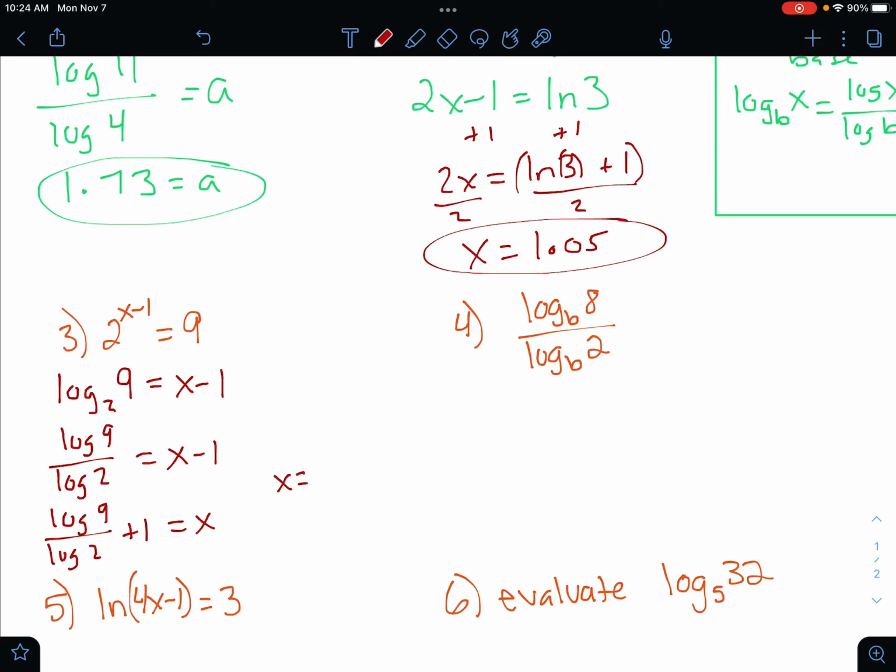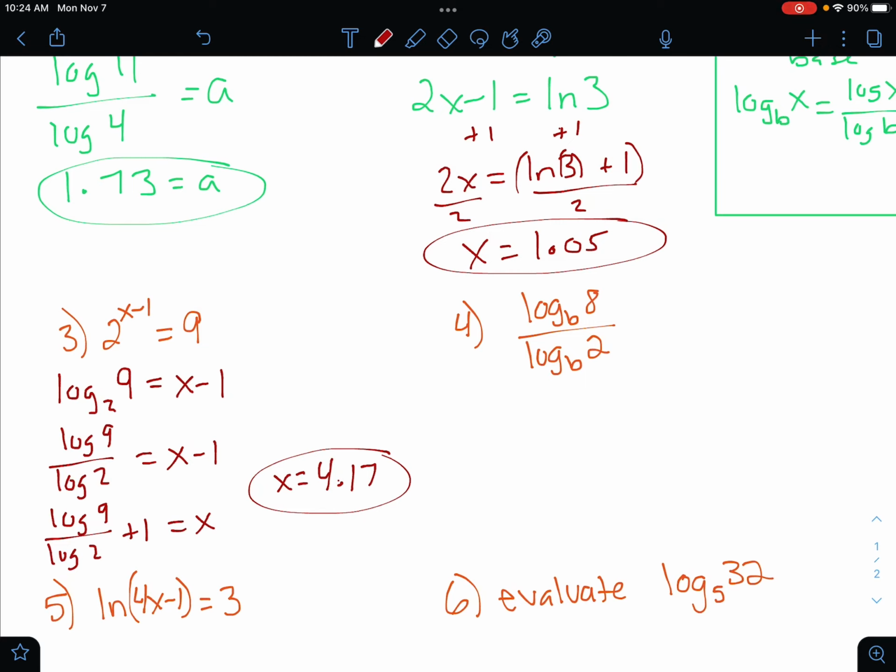So x comes out to be what? We're going to do our log fraction first. So we have log of 9 divided by log of 2. Hit enter and then plus 1. So we have 4.17. Okay.